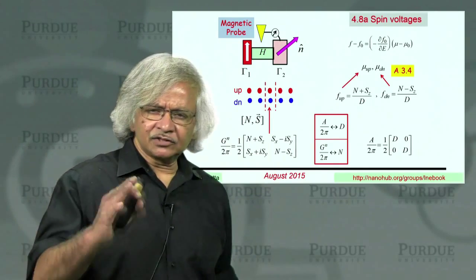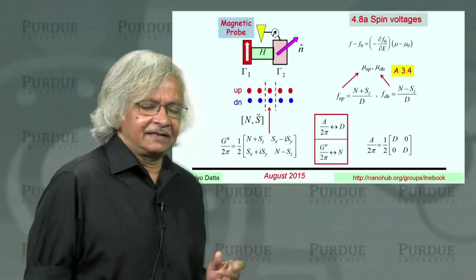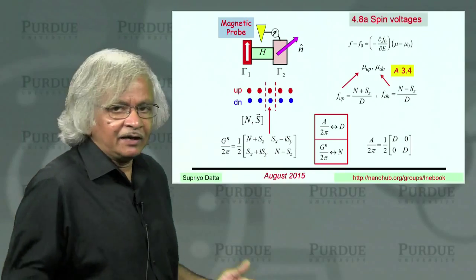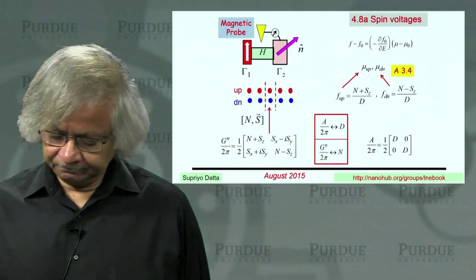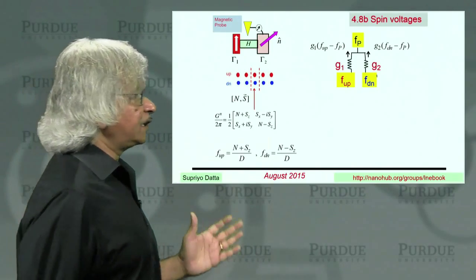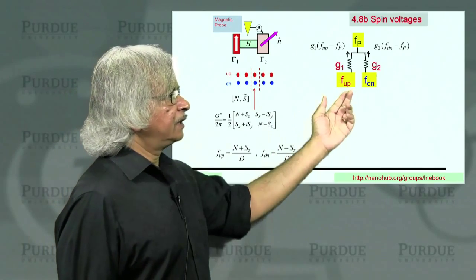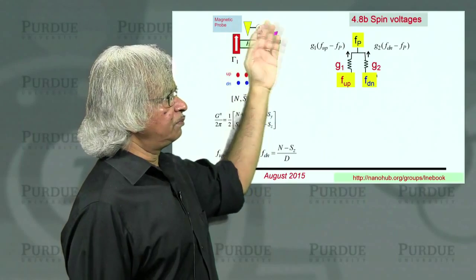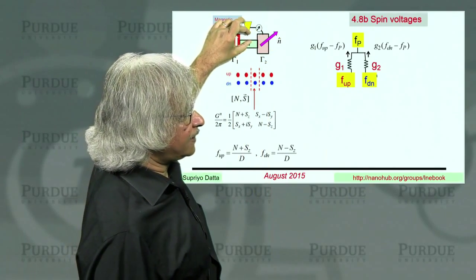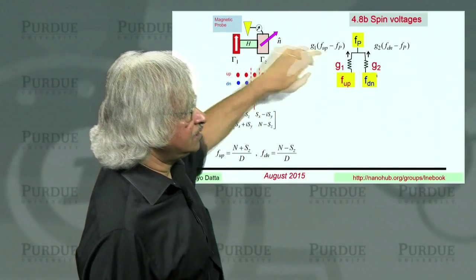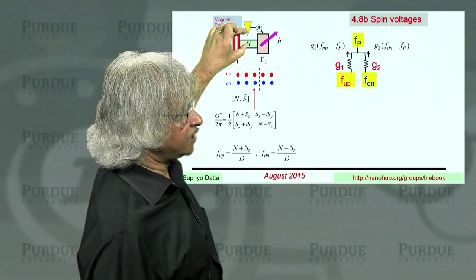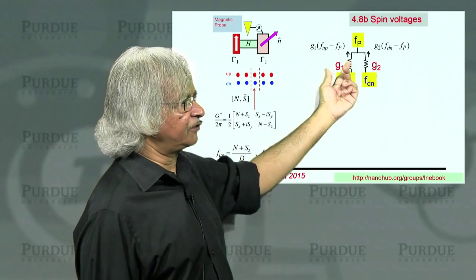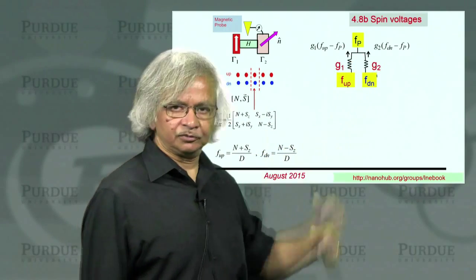Now, let's first talk about how you could semi-classically calculate what this potential will be. And then we'll do the full quantum thing. Now, semi-classically, the way you can think is that you have an upspin channel and a downspin channel, and you have a probe, and there's some effective conductance, this G, that connects the probe to the channel, and we'll assume that the upspin and the downspin have different conductances, G1 and G2.